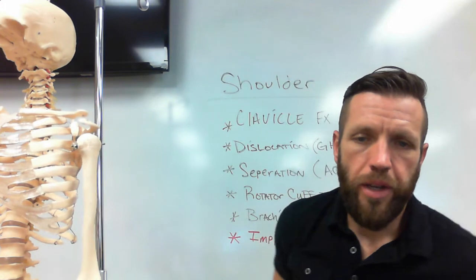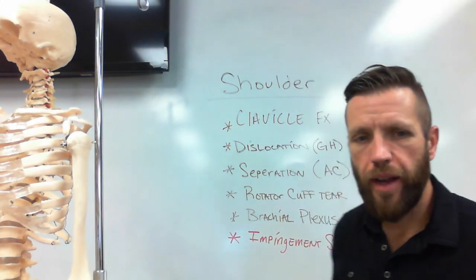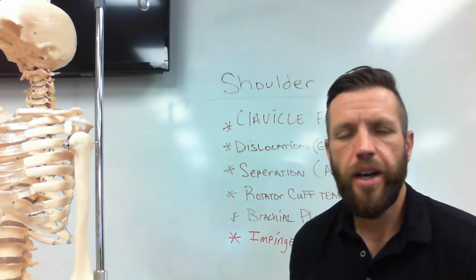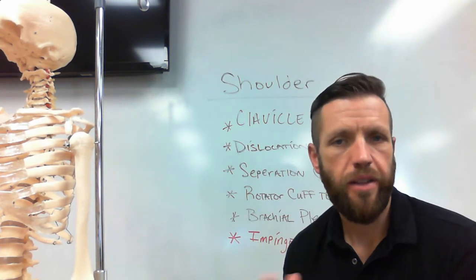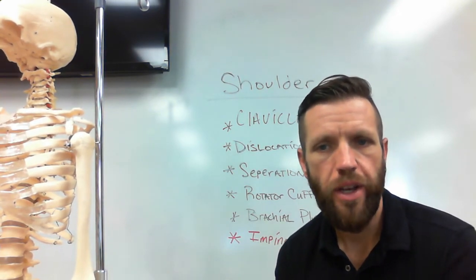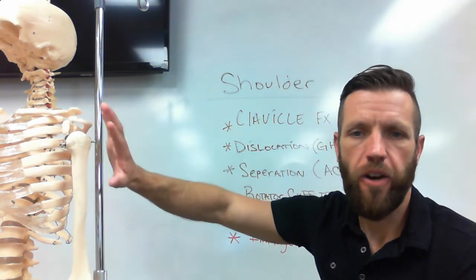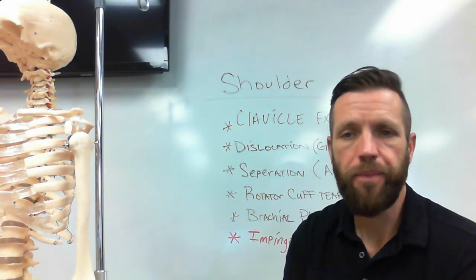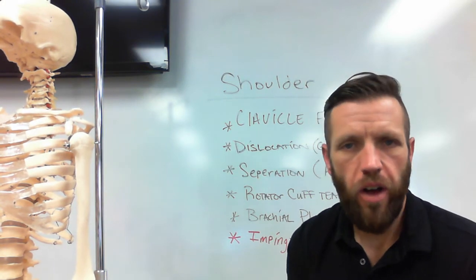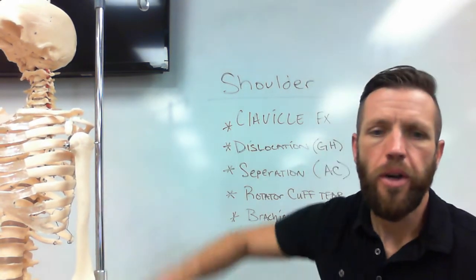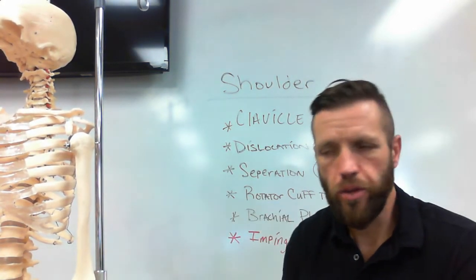Next on our list is rotator cuff injury, and I put here rotator cuff tear, but again, the rotator cuff is a series of muscles that literally surround the humeral head from the scapula, and they are involved in rotation of the shoulder, but also they're involved in abduction of the shoulder.